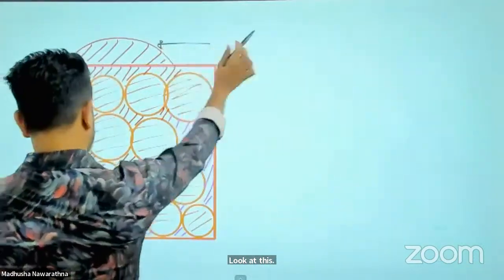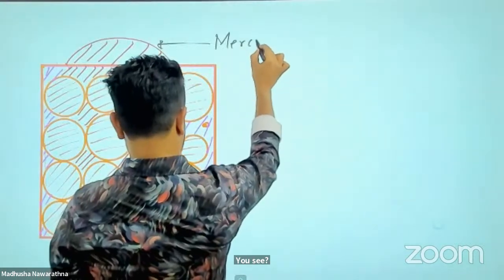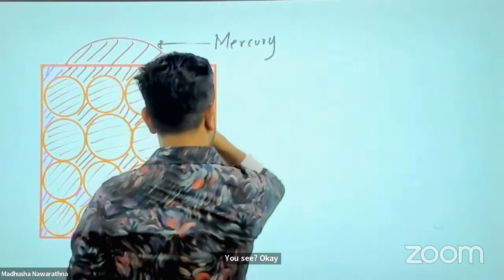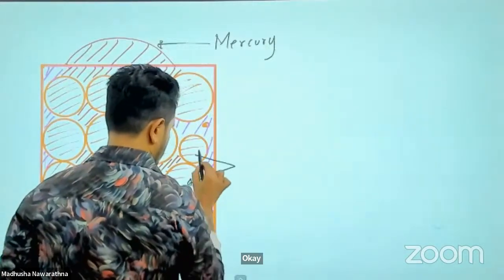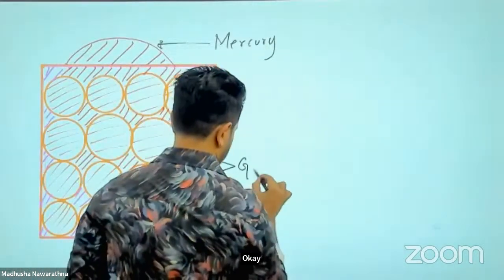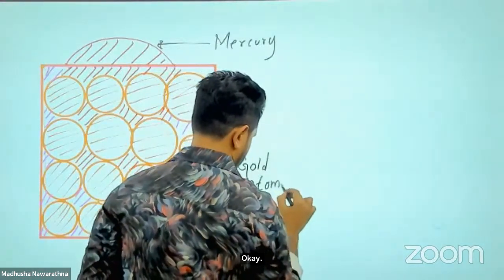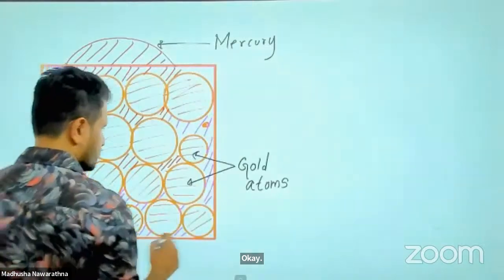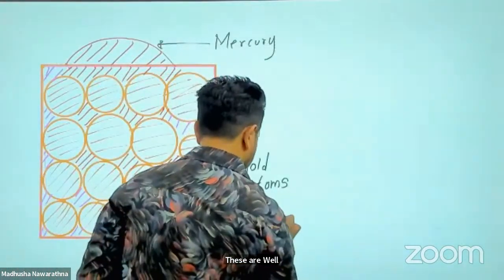Here is the mercury. These are the gold atoms. Purple spaces are the empty spaces.